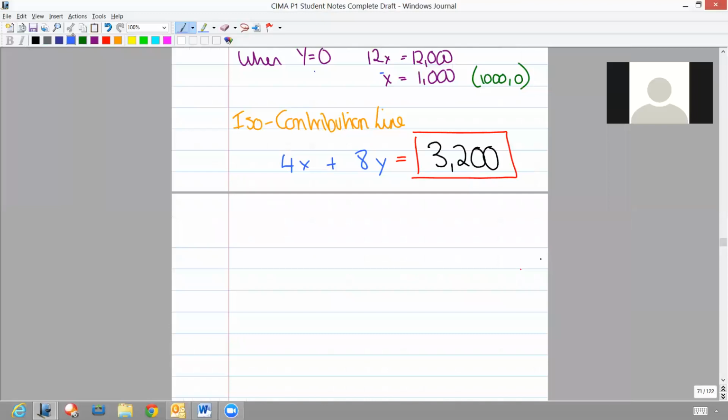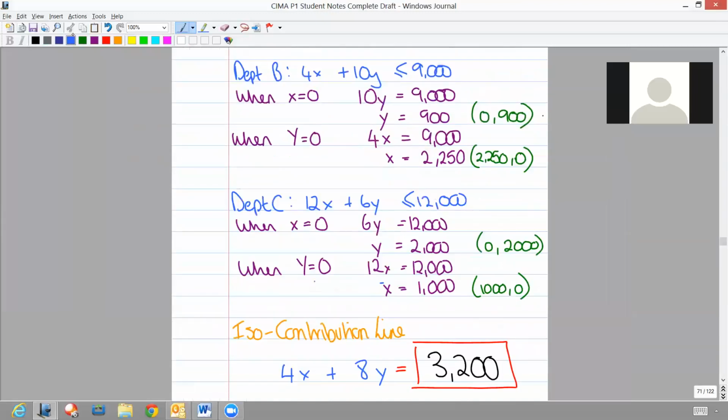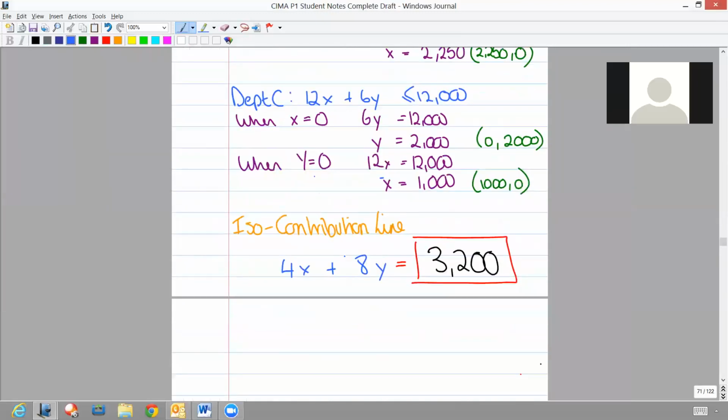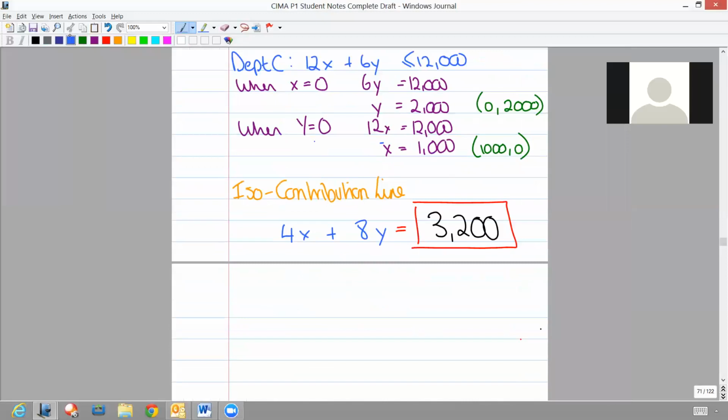Once you've done that, you then calculate the coordinates exactly as we did before, nothing different. So we say that when x equals 0, 8y must equal 3,200. Therefore, y equals 400.